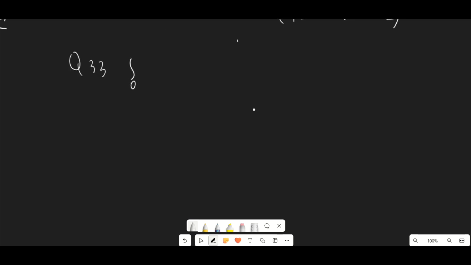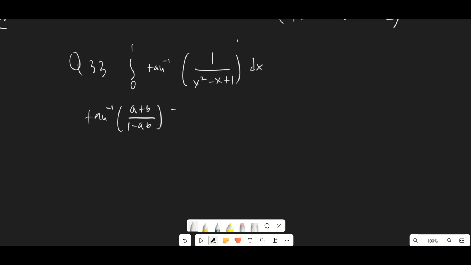We have the integral from 0 to 1 of inverse tangent of 1 over x squared minus x plus 1. In this situation, what we're going to be using is tan inverse of (a plus b) over (1 minus ab) equals inverse tangent of a plus inverse tangent of b.